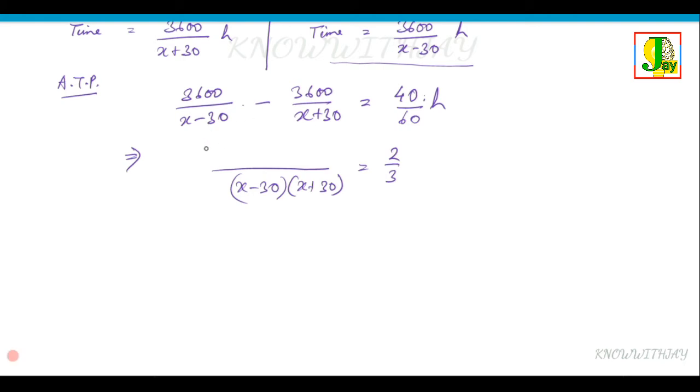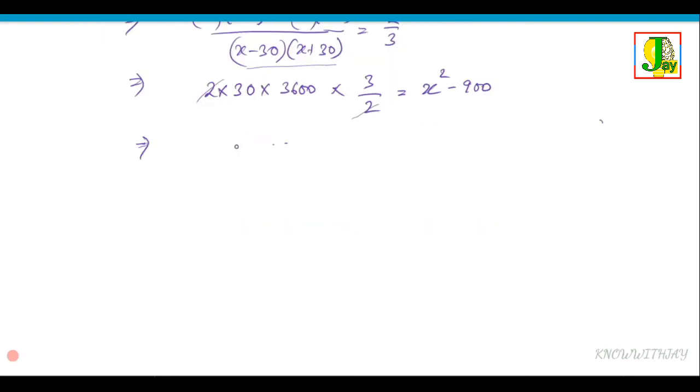You have 30 into 3600, and then minus into minus is plus, so again you have 30 into 3600. So this is 2 times, we have 3 into 30, 90 into 3600. 900 comes to the left side, you get plus 900 equals x square.